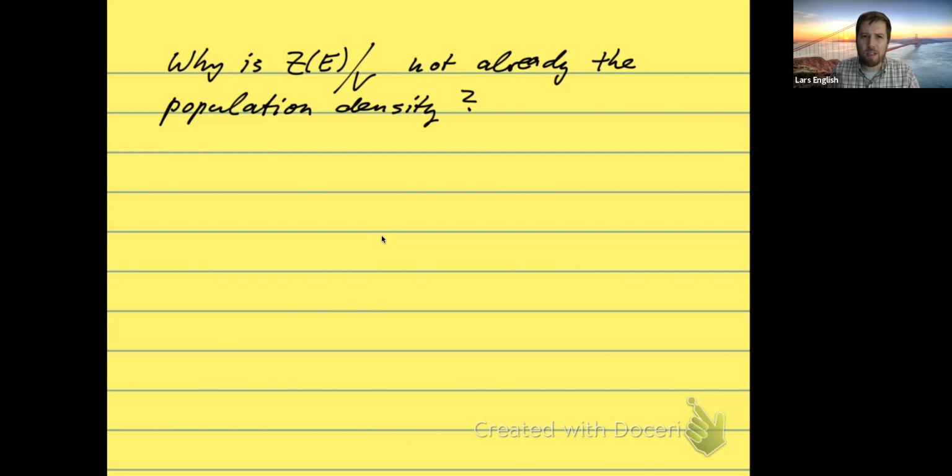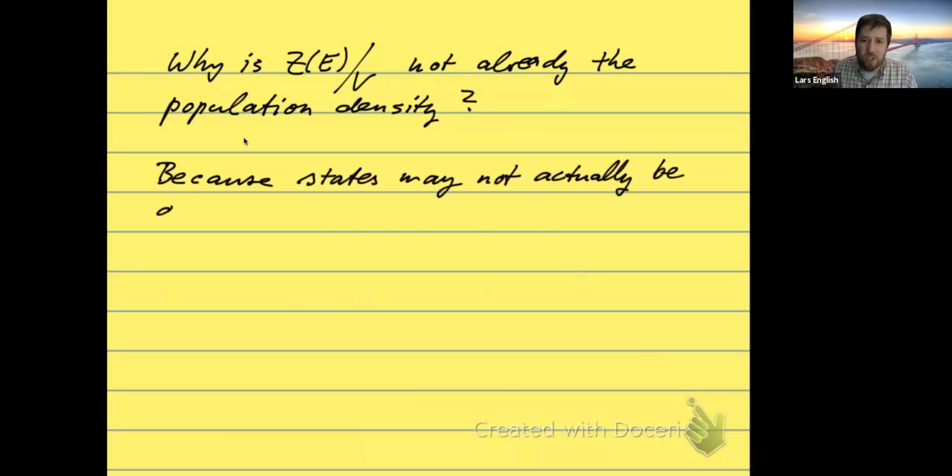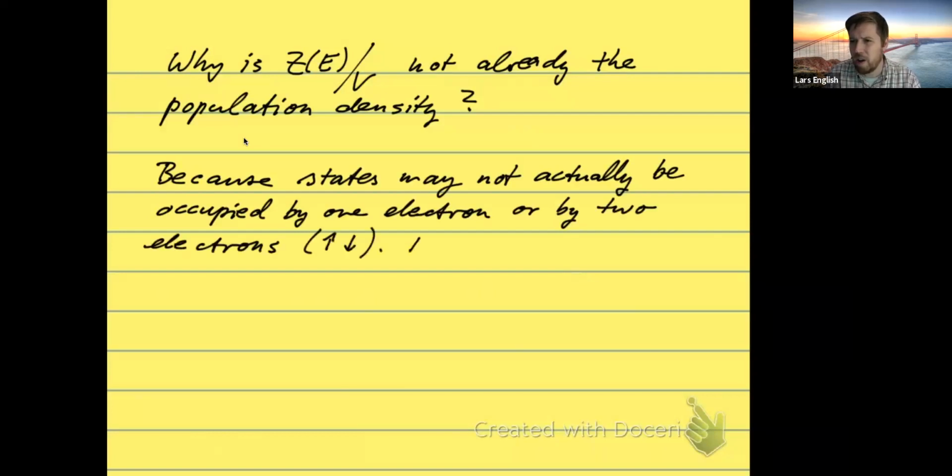Maybe divide out the volume here, fine. Why isn't that already equal to the population density? Why make a distinction between density of states versus population density of electrons? Well, the quick answer is because the states may or may not hold an electron in it. The states may have one, two, or none.